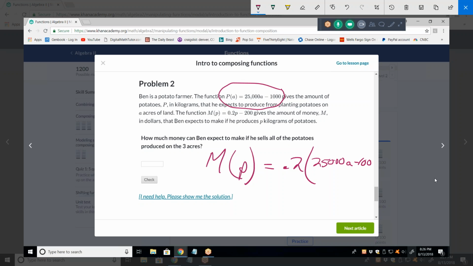Now, notice that our money function, and don't forget the last 1,000. Yeah. Can't ignore that. In other words, I substituted for P the potato function, which was 25,000 A minus 1,000. Excuse me, this other number here is 200, not 1,000. Sorry.